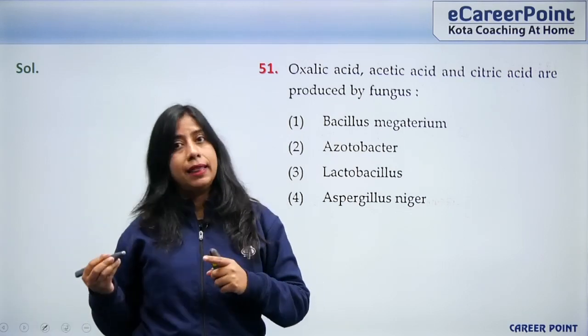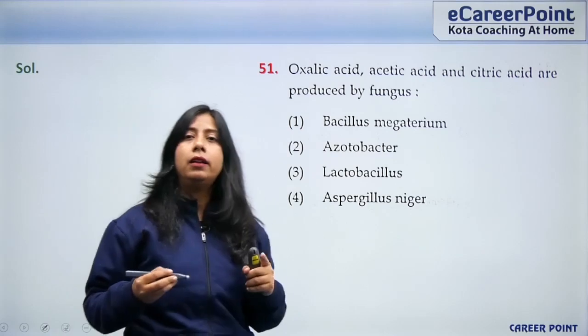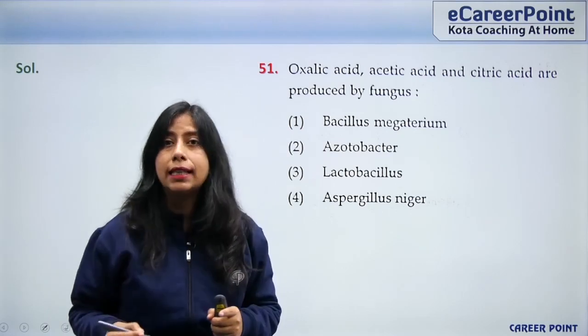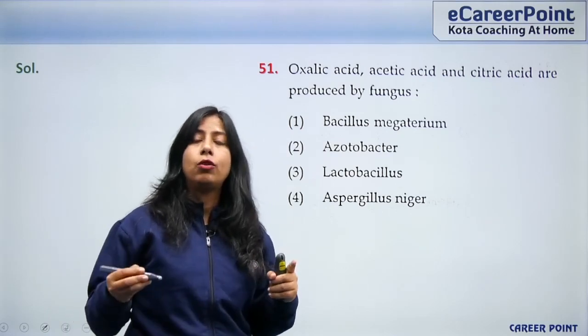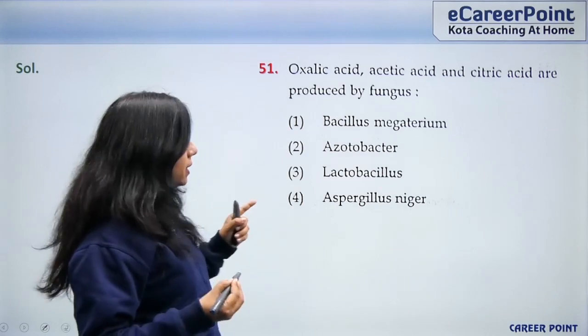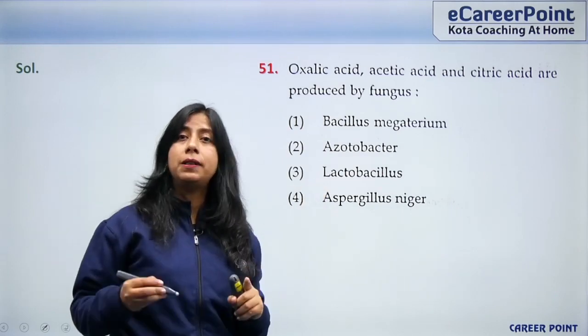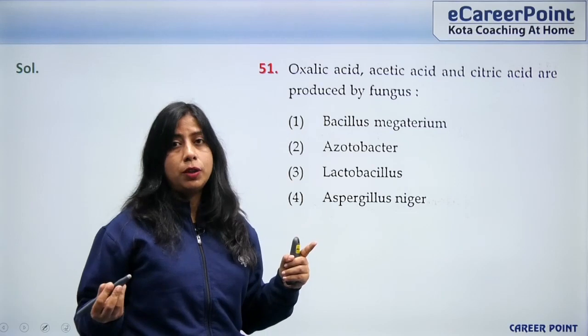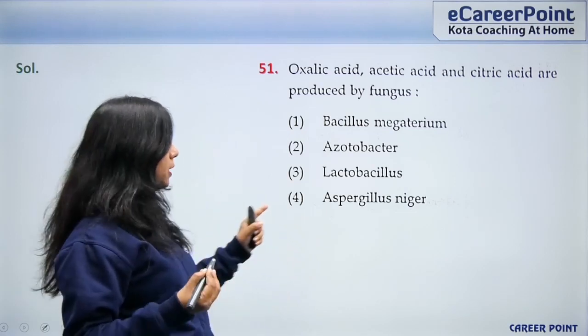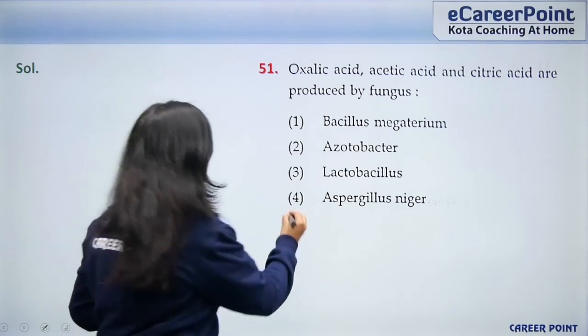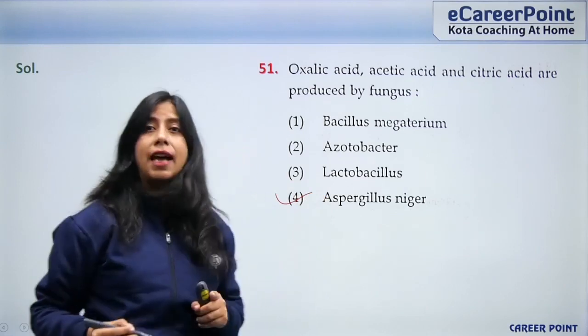Azotobacter is used as a biofertilizer. They are good in nitrogen fixation. Again a bacteria. Lactobacillus helps in the curd formation. So another bacteria. The answer here would be 4, Aspergillus niger.